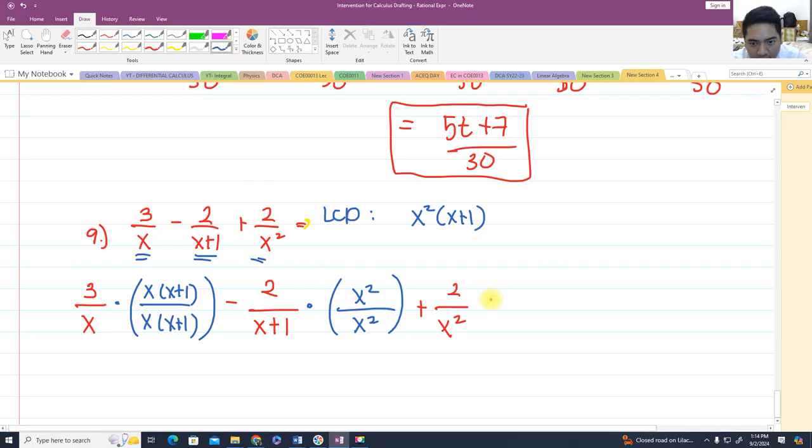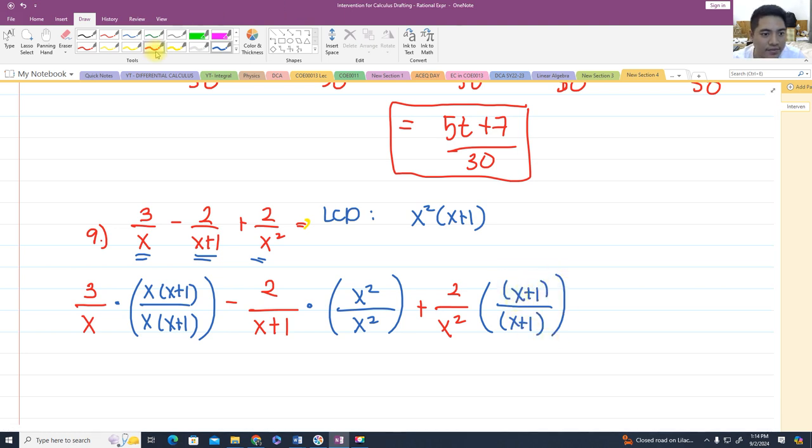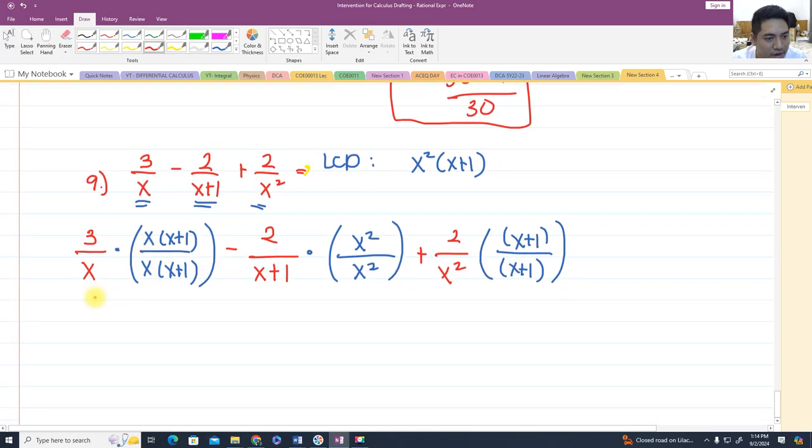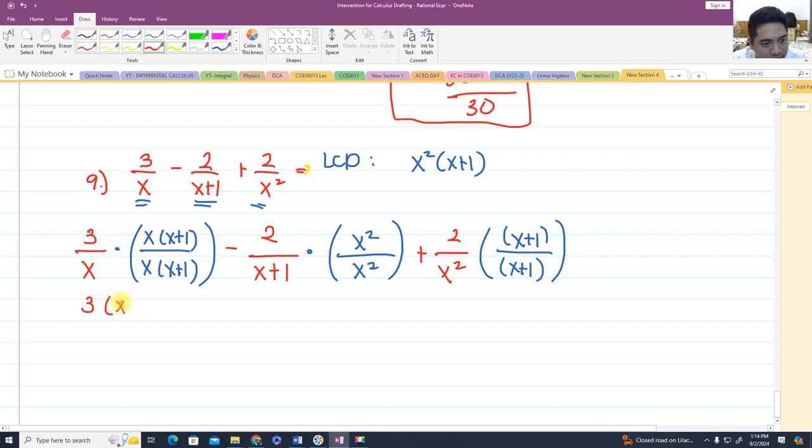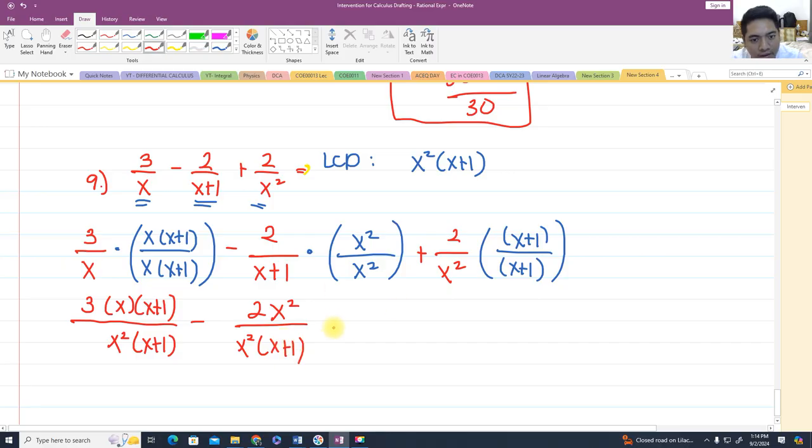And then plus 2 all over x squared. Where do I need to multiply this so that this would be x squared times x plus 1? So only for x plus 1. So you have x plus 1. And now you can solve it. Okay? So now you have 3 times x plus 1 all over x squared times x plus 1, minus 2x squared, 2 times x squared is 2x squared, all over x squared times x plus 1, plus 2 times x plus 1 all over x squared times x plus 1.